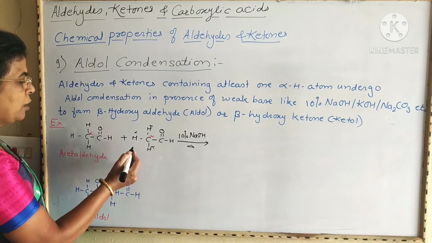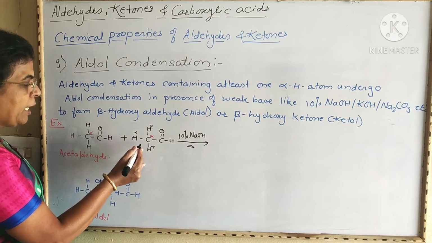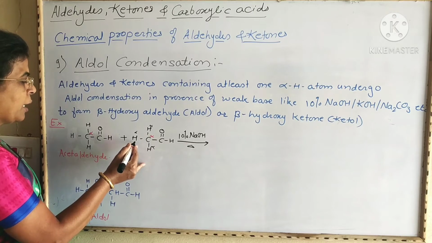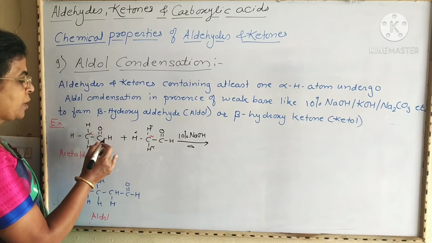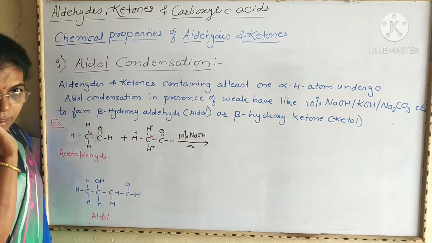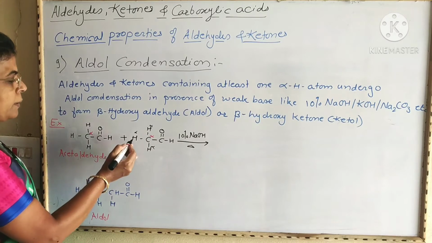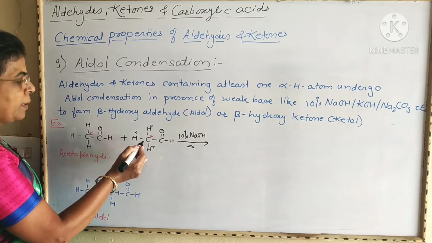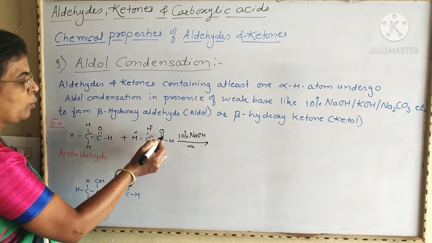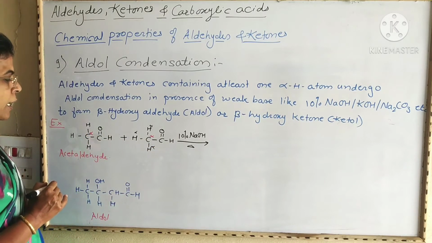Now look here, this is the first acetaldehyde molecule and this is the second acetaldehyde molecule. In this reaction, one alpha hydrogen atom of the second acetaldehyde molecule gets added into the carbonyl group of the first aldehyde molecule. That is, this alpha hydrogen atom and the remaining CH2COH group get added across this carbonyl group.